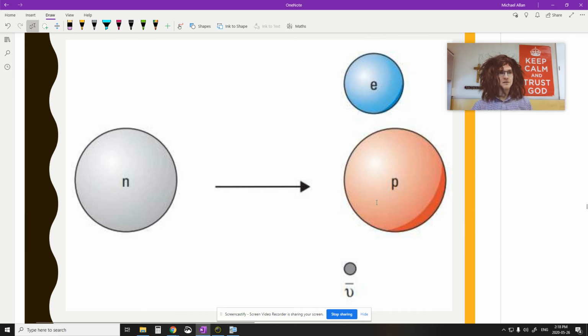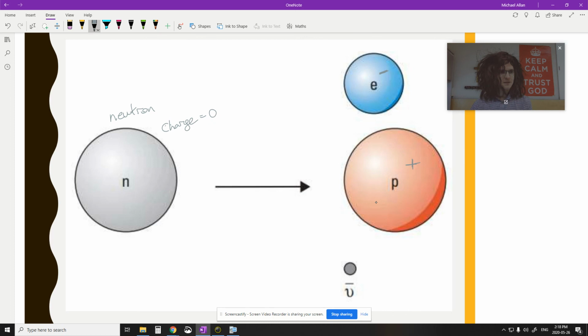You notice that it shoots off an electron. A proton is positive, and this guy down here is neutral. There's still a conservation of charge here. That's very important. This over here is neutral. It's a neutron, which makes sense, right? So its charge is 0.